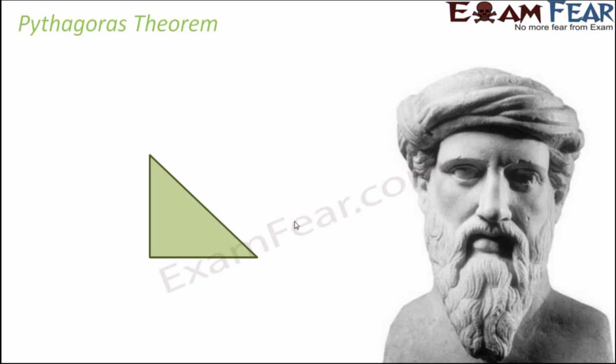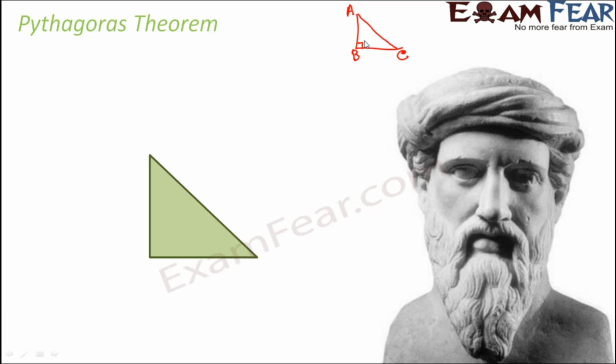So he said that if you have a right-angled triangle like this, now, even before we talk about this theorem, let us first understand the various terminologies related to a right-angled triangle. Whenever you have any right-angled triangle, let's call this ABC. So this ABC is a right-angled triangle where you have one right angle, that is 90 degrees.